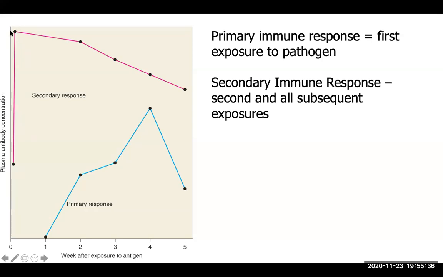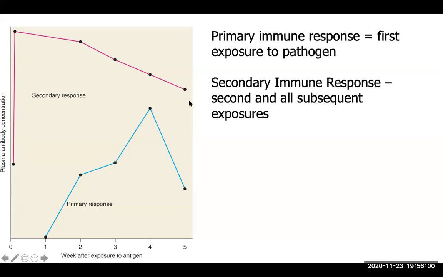You'll have no idea because all the hard work had already been done, and your memory response is able to just get to work, and it really gets to work. Look how beautiful that is. Such a high amount. And that lasts quite a while. I mean, you're 5 weeks out and you still have more antibodies than you did originally.